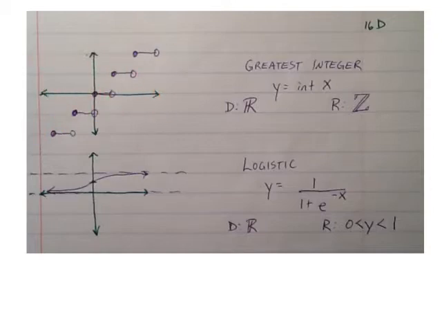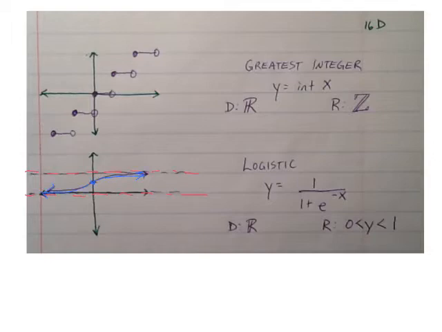Finally, we have the logistic function, which actually has a really complicated equation. The logistic function has a horizontal asymptote at 0 and a horizontal asymptote at 1, and it crosses midway between and is pinned between those two.